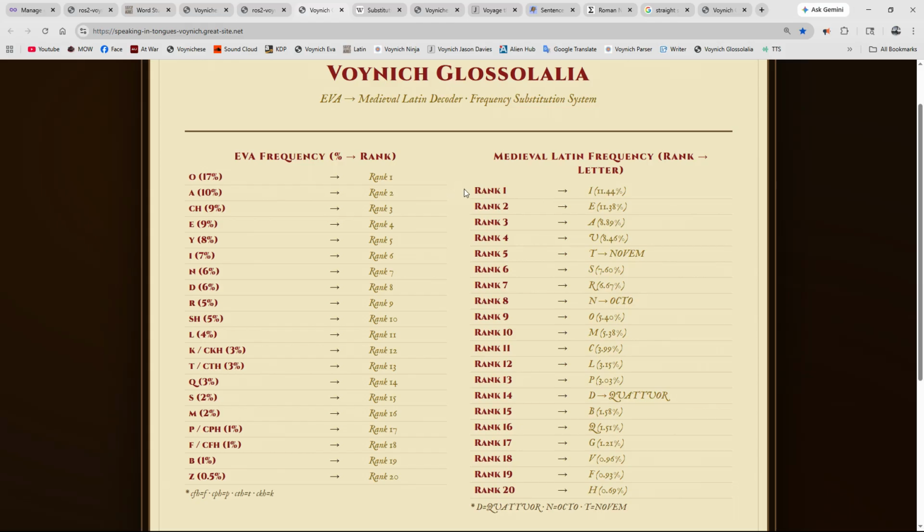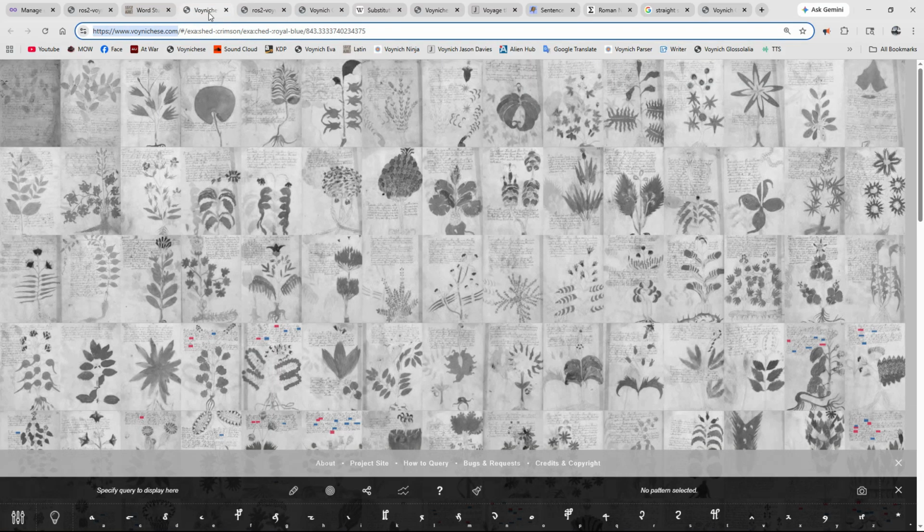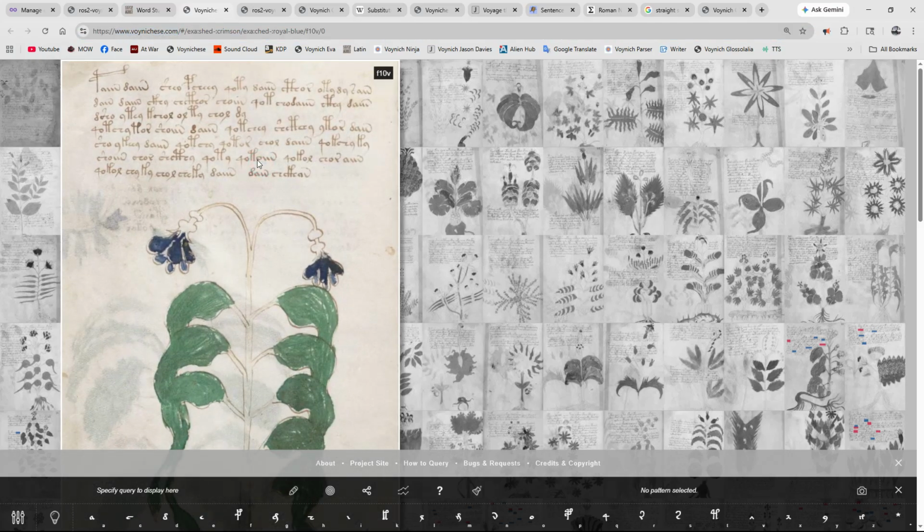And I did it from the highest ranked letter, which was O in Eva frequency, which looks like an O in Voynich glyphs. So if we go to the glyphs, you can go anywhere in the Voynich manuscript and you'll see an O, like right in here.